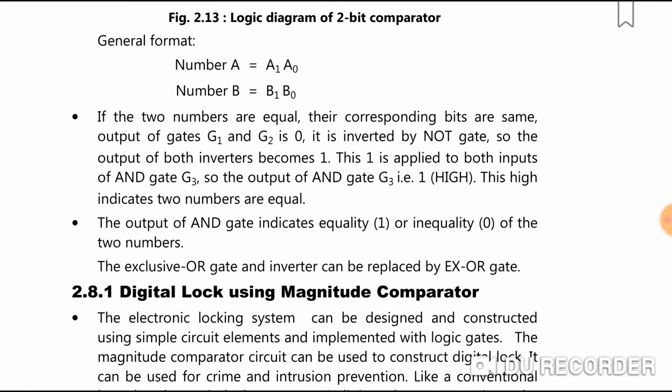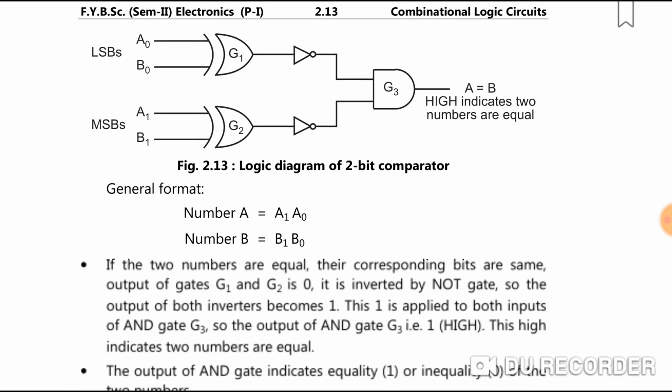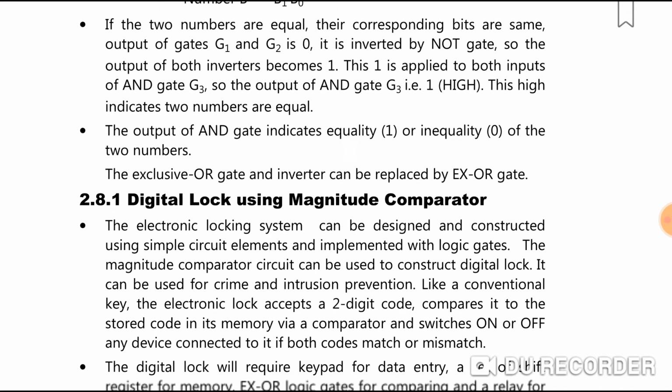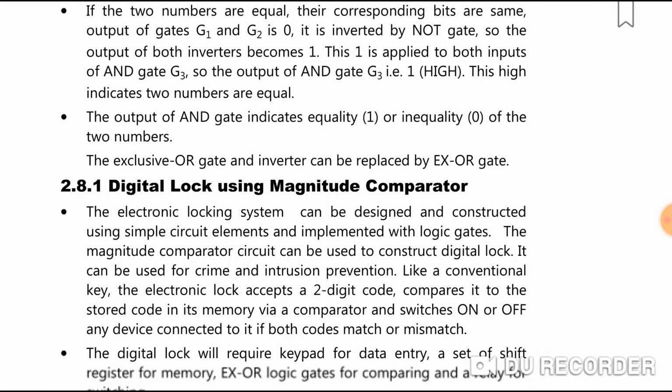In general form, number A is A1 A0 and number B is B1 B0. If the two numbers are equal, their corresponding bits are the same. The outputs of gates G1 and G2 are 0 and are inverted by NOT gates, so the output of both inverters becomes 1.